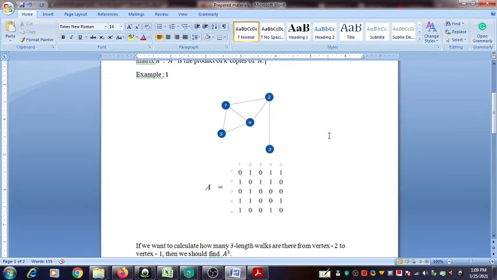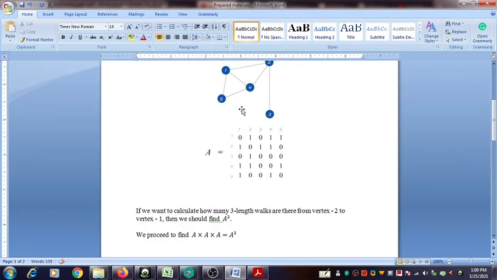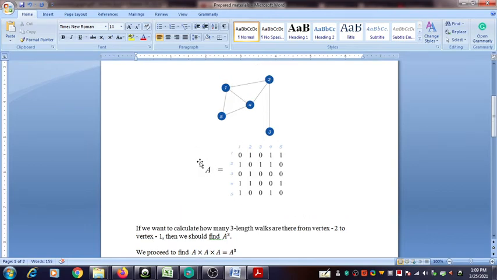You can see the edges connecting the vertices, and using these edge connections we can prepare the adjacency matrix of the graph, which is given the name capital A. You can verify the values entered in the rows and columns of the matrix yourself.